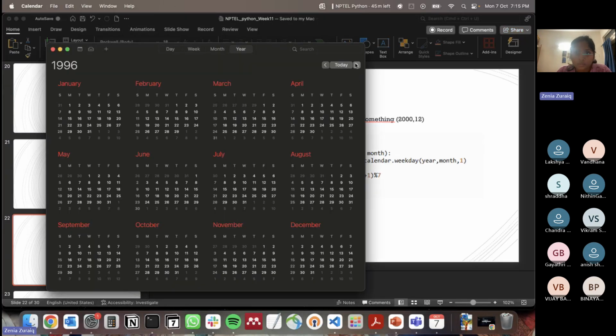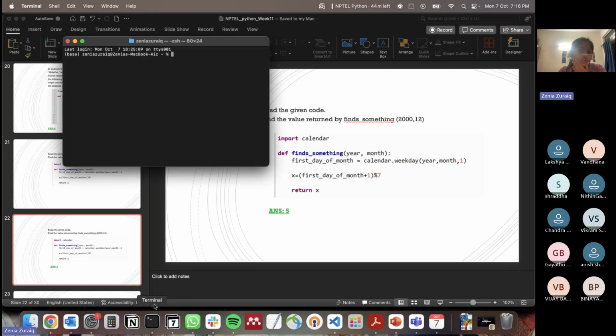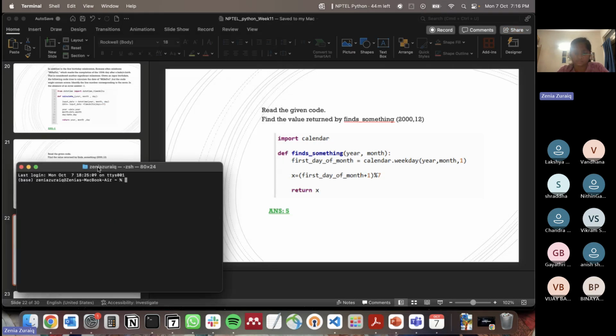December 2000, what was the first day of the month? As you can see, December 2000, first day of the month is Friday. Why is there a plus one here? Because calendar.weekday returns 0 for Monday, 1 for, sorry, I don't know if it starts from Sunday or Monday. We can check very fast.